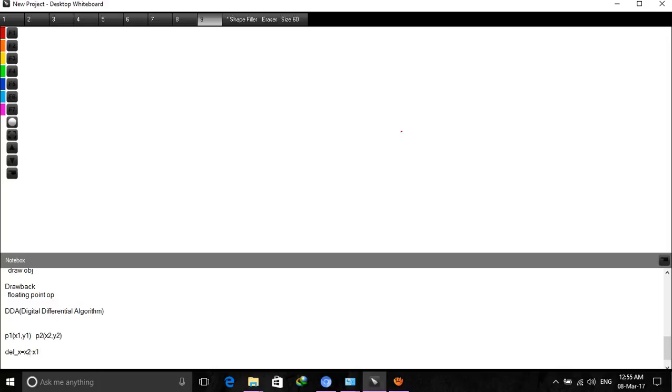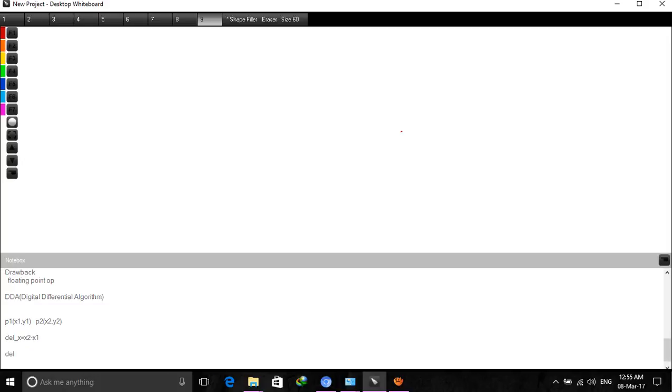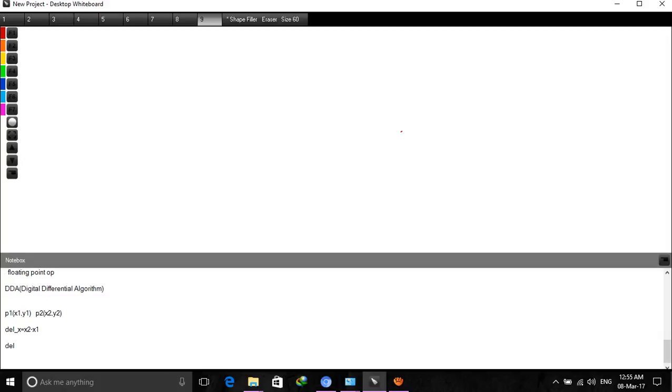Similarly we get delta y, equal to y2 minus y1.